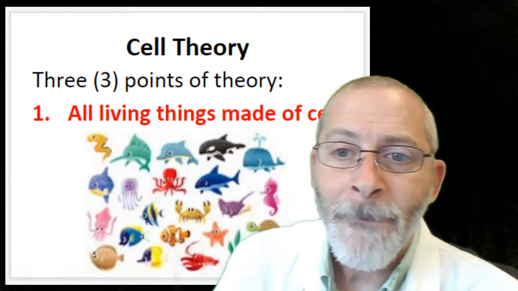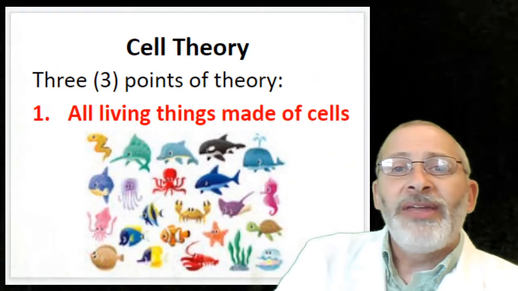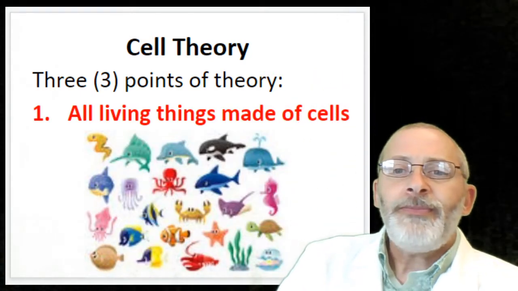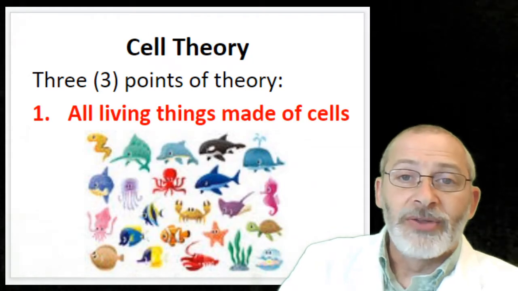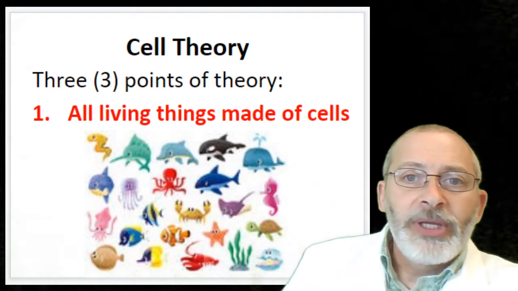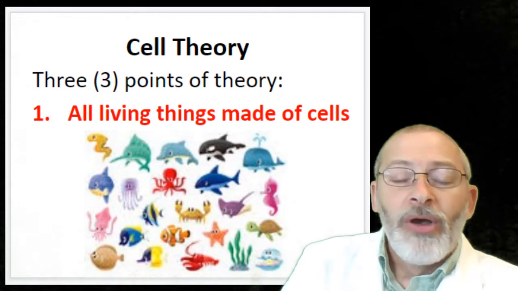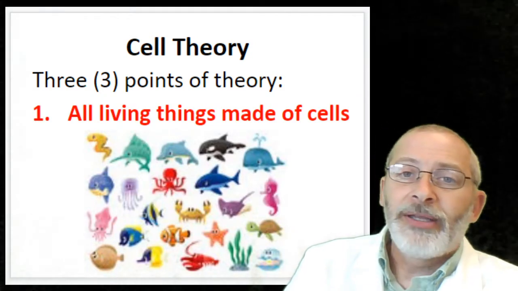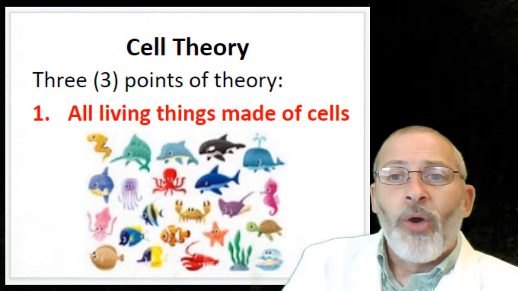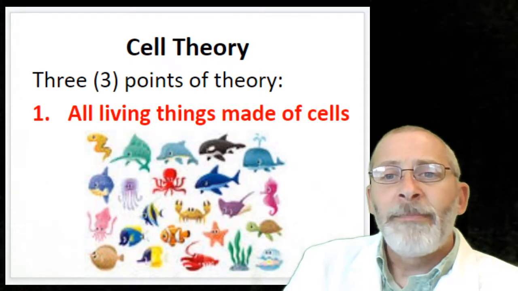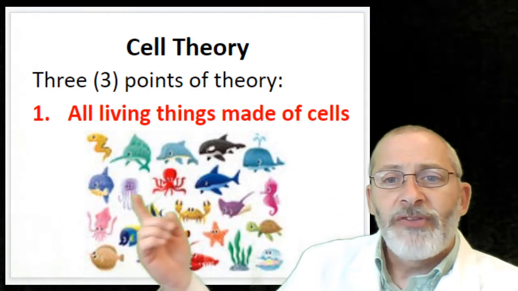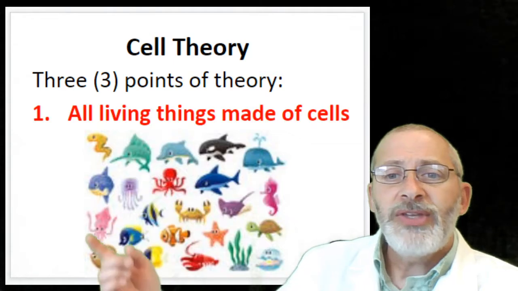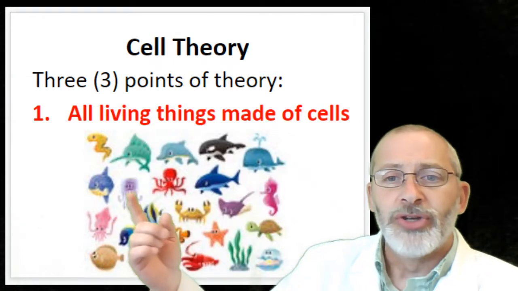Number 1, all living things are made of cells. This is a fact that we have established already. We talked about it at length last week, but all living things are made of cells. So you've got a picture here of all these different kinds of critters.